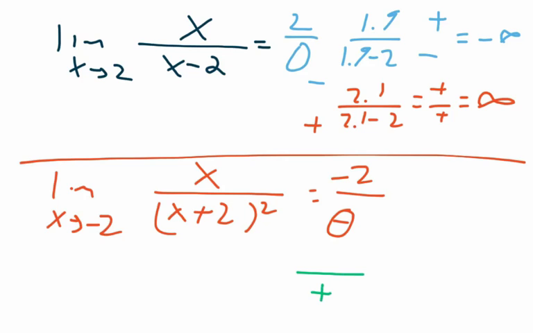But in this case we know that the bottom is always positive because when you square it, unless it's 0, so if it's just to the left or just to the right of negative 2, the bottom is going to be positive, and the top is always negative because whether I put in negative 1.9 or negative 2.1, it turns out to be negative. So we got a negative over a positive, so my limit will be towards negative infinity. So I should have written does not exist up here. And then for this second example, negative infinity.